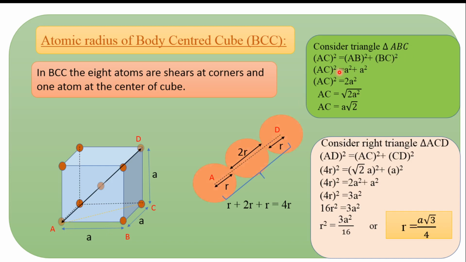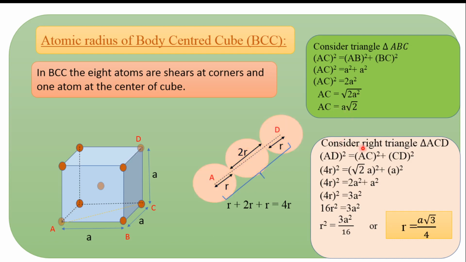The edge length is A, so AB is A and BC is A. So AC square is equal to A square plus A square, that is 2A square. So AC is equal to square root of 2A square, or AC is equal to A under root 2.